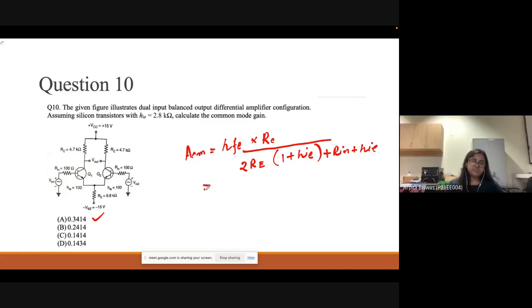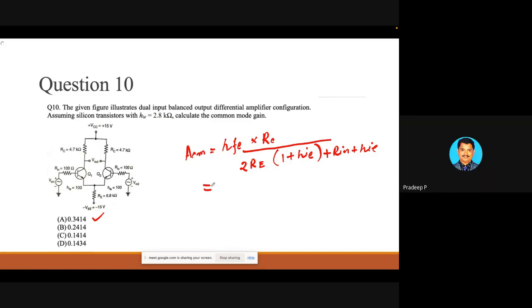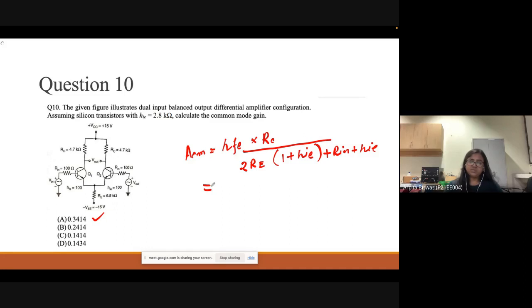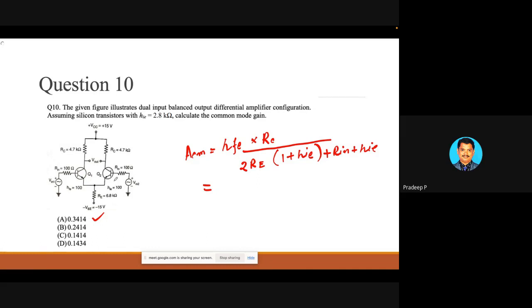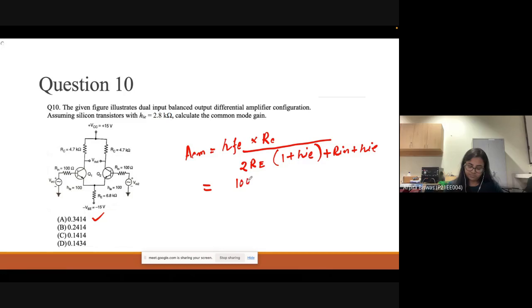Pradeep? Substitute. Yes, madam, this is the formula. Now calculate. Just put the value of HFE. Tell me what is the value of HFE. It is given 100.